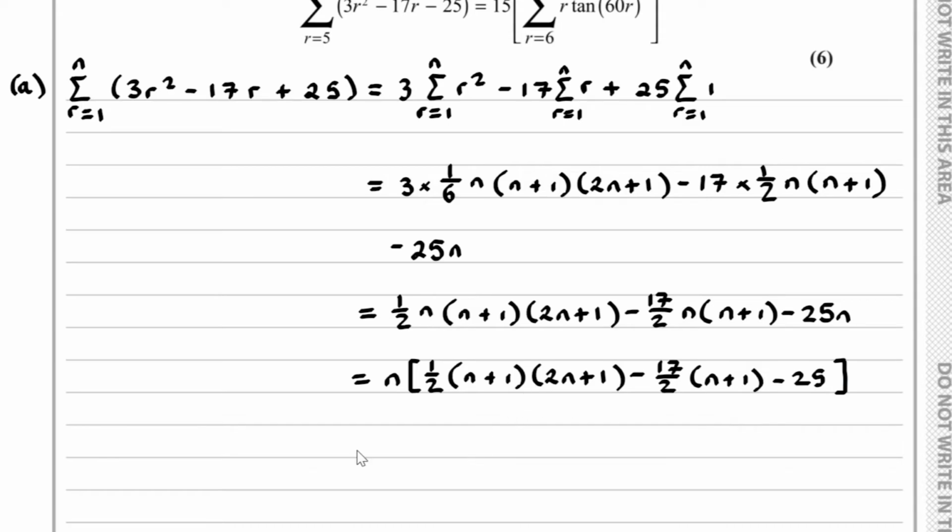Now, if I expand the brackets, well, I still have n, and then here I've got 1/2, and then inside the bracket I have 2n squared plus 3n plus 1, subtract 17/2n, subtract 17/2, and then subtract 25.